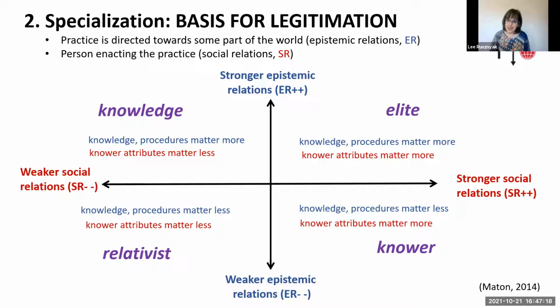There were hardly any examples of an elite code, where both knowledge and attributes were emphasized at the same time, but lots of places where it's relativist, where neither the knowledge and procedures nor the knower attributes are emphasized. And we're going to show you how this plays out in the data.